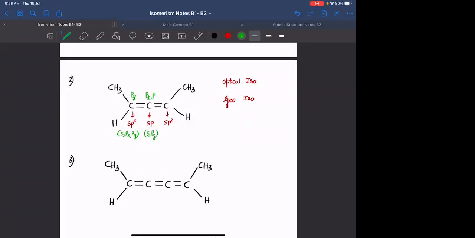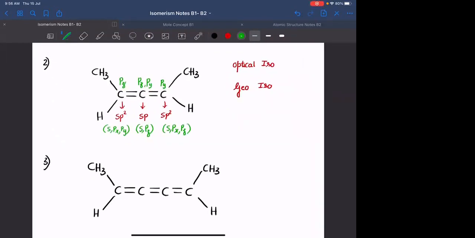Then py is left on this carbon, and there should be py on the other as well. Then only you can have a pi bond between these two. So in hybridization you have s, px and pz. Any doubt?